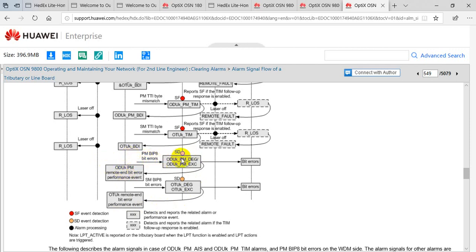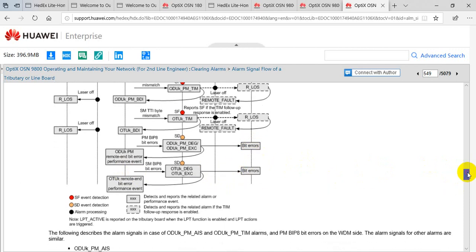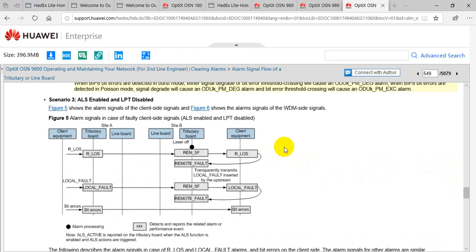So between line to line there will be alarms at the OTN layer, and there will be event performance events captured at upstream, and the errors will be passed on to the downstream direction. So client B will get errors, and if there are triggered thresholds set, it will show some alarm. So now we will go a little faster.